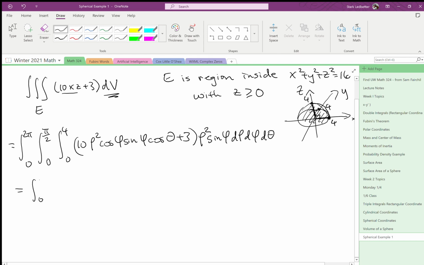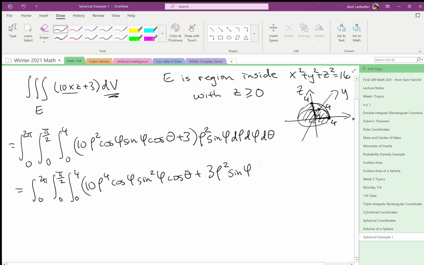Okay, so first we need to actually expand this. 0 to 2 pi, 0 to pi over 2, 0 to 4. I'm going to expand it so I can integrate. So this is 10 rho to the 4 cos phi sine squared phi cos theta plus 3 rho squared sine phi, and that's all d rho, d phi, d theta.